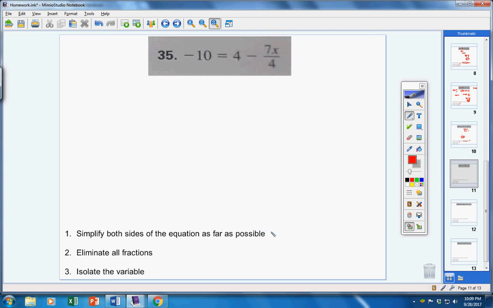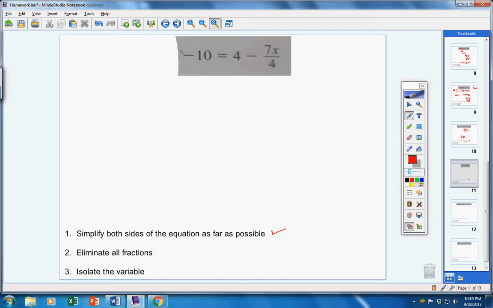Simplify both sides. There's nothing I can do at all to this side or to this side. Okay? So, on to step 2. We're going to eliminate fractions. Now we have a fraction that has a denominator of 4.